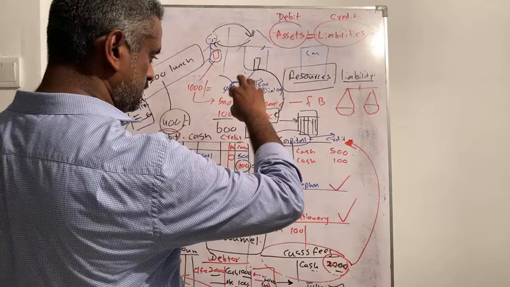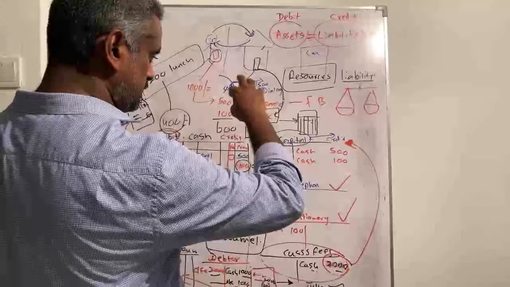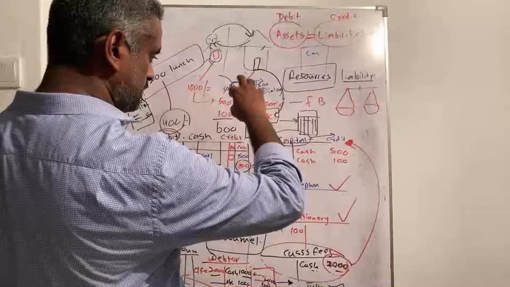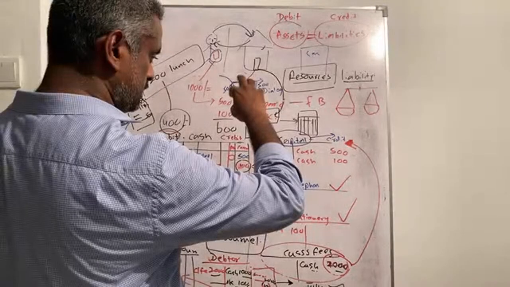Then money pumped 600, that is recorded in the cash book as well as the capital account. Spent 100, and another expenditure 500, reload.